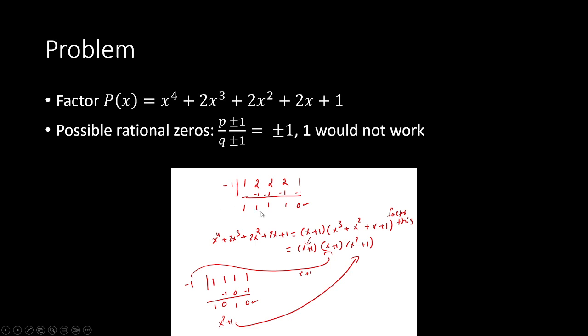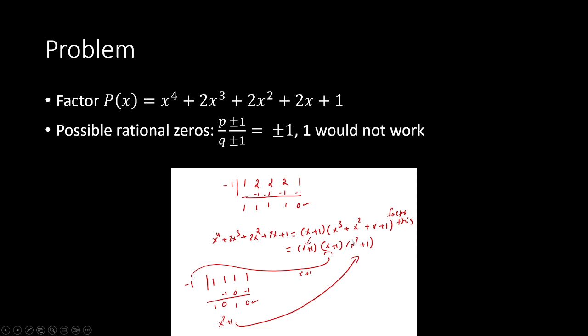You get 1, 1, 1, 1, 0. That's the same thing as x cubed plus x squared plus x plus 1. You could factor this again, and you will get x squared plus 1 times x plus 1. So the factors are x plus 1 times x plus 1 times x squared plus 1.